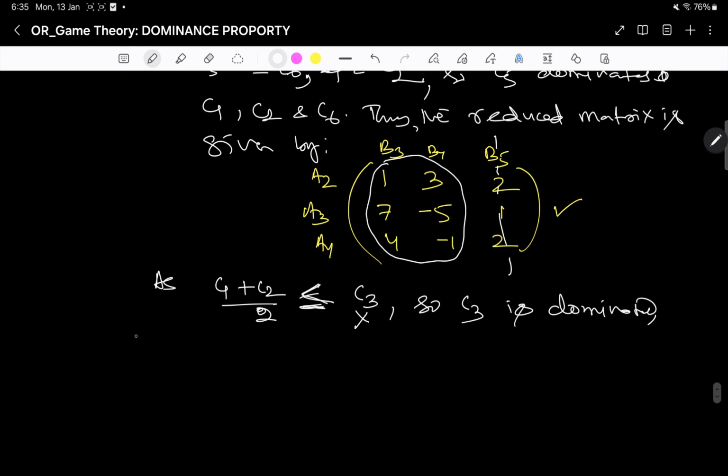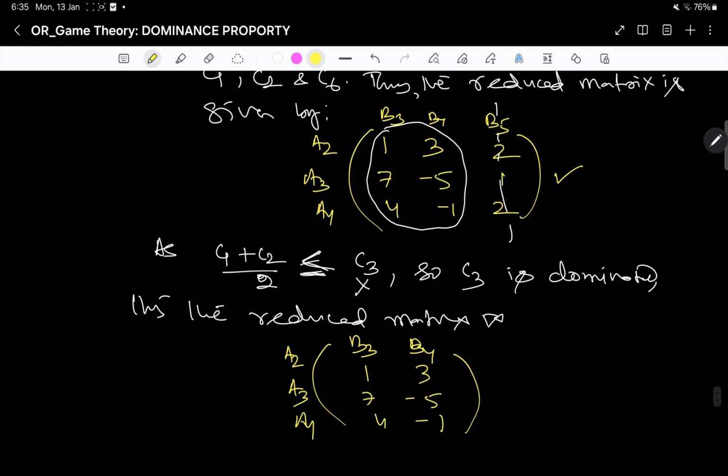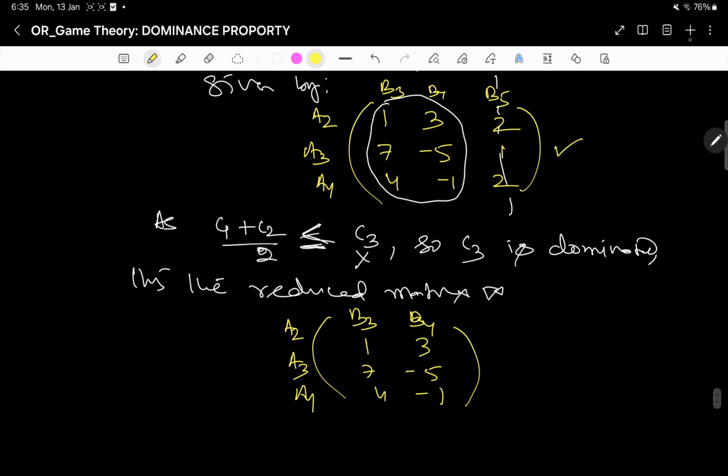Thus the reduced matrix is, you see here, it is B3, B4, and it is A2, A3, A4. Okay, this is 1, 3, 7 minus 5, 4 minus 1. Next we see the row reduction.